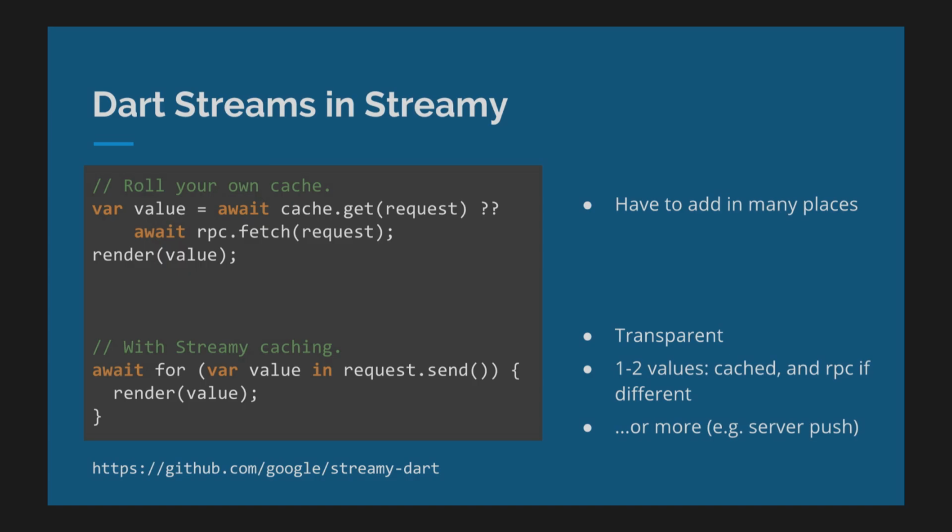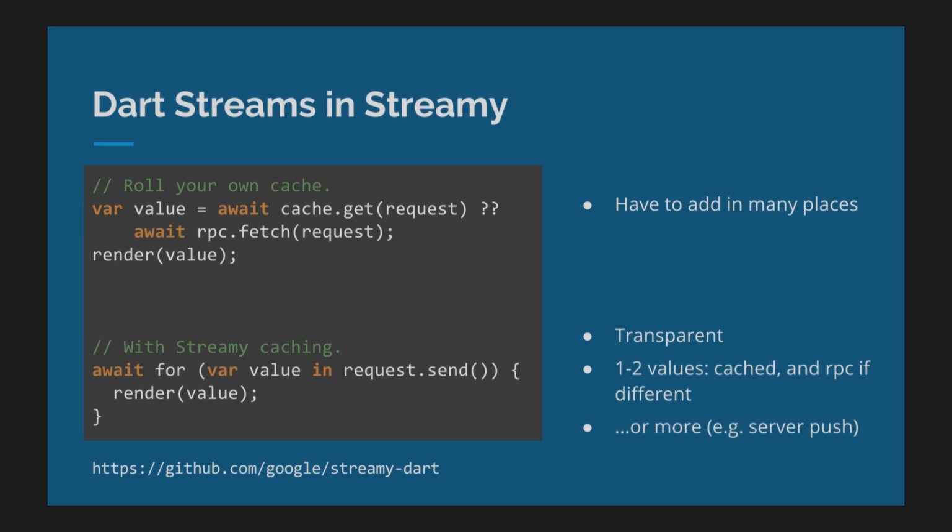Now, Streamy, that's what gives it its name, leverages Dart streams, which are pretty awesome. Everybody here's a fan of that. You don't have to write your code explicitly checking the cache at every single place, which would be very annoying.